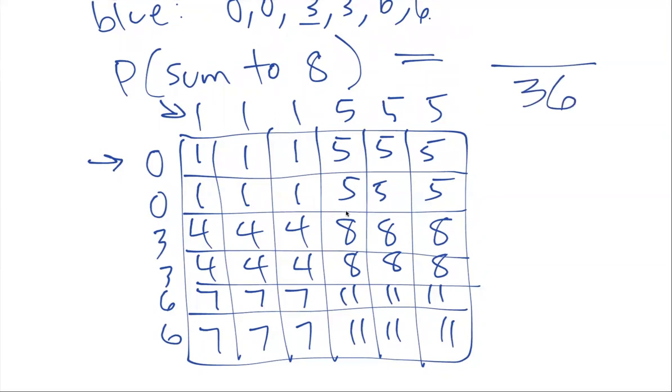Now, how many ways do I sum to 8? How many outcomes are in that event, sum to 8? I can see them right there, right? There are 6. So the probability here will be 6 over 36, which reduces to 1 out of 6.